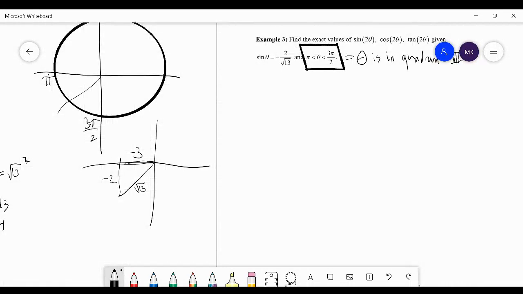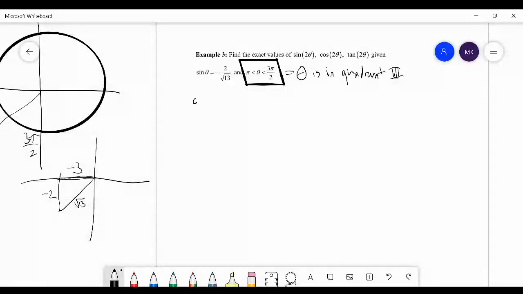Okay. So what that tells me then is that cosine of theta is -3 over root 13. And tangent of theta is -2. Oh, just kidding. Is 2 over 3. So now that we know these, we can easily find sine, cosine, and tangent of 2 theta.